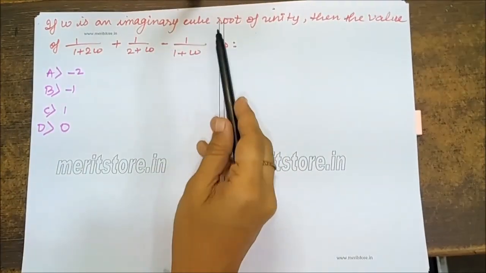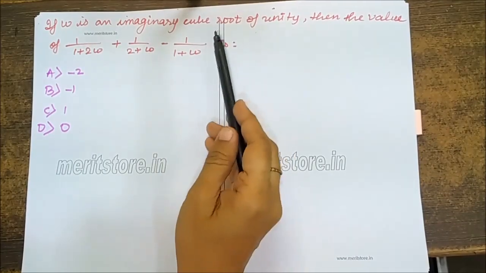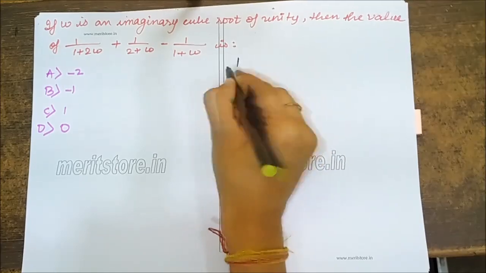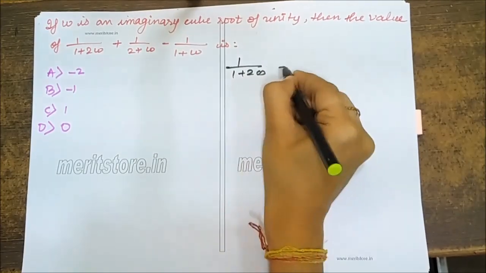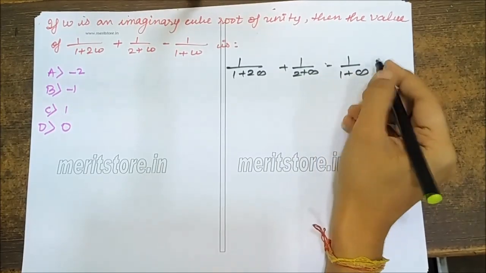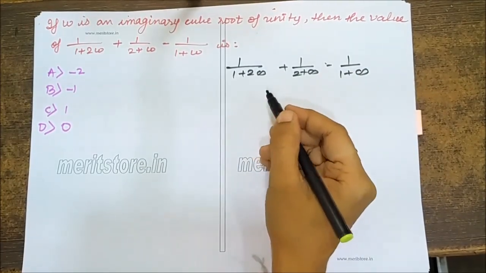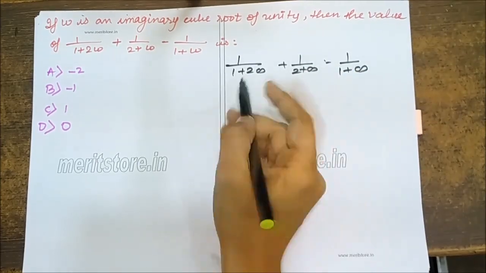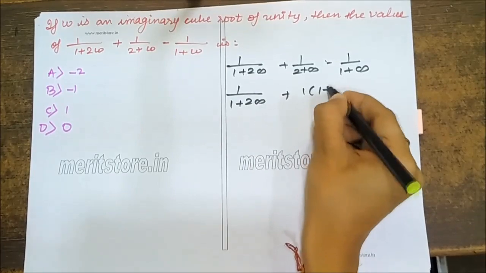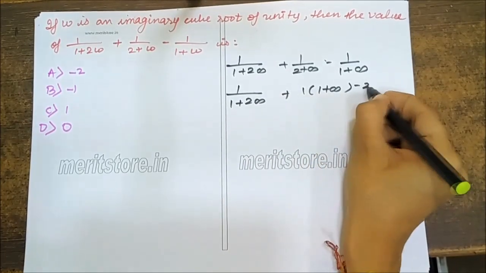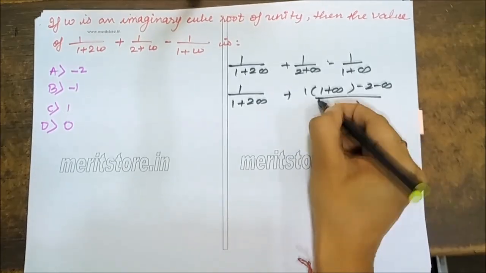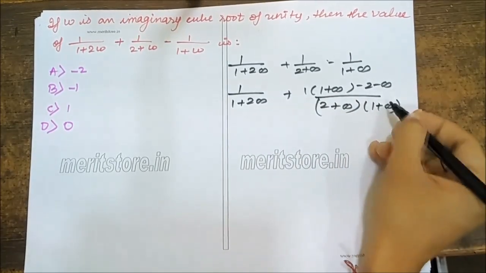If omega is an imaginary cube root of unity, then the value you have to find is. So what you have to prove, you have to start with 1 upon (1 plus omega) minus 1 upon (2 plus omega) plus 1 upon (2 plus omega) minus 1 upon (1 plus omega). Taking the LCM for this, 1 upon (1 plus 2 omega) plus 1 into (1 plus... minus 2 minus omega) upon (2 plus omega)(1 plus omega).